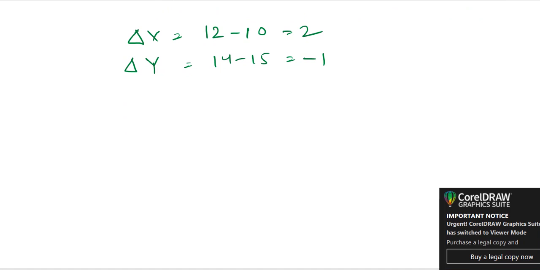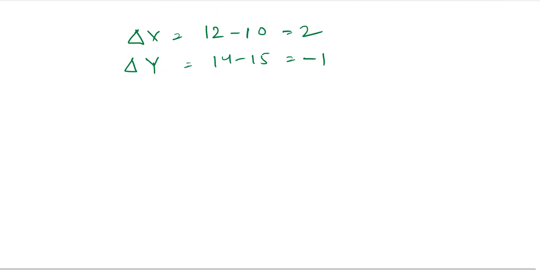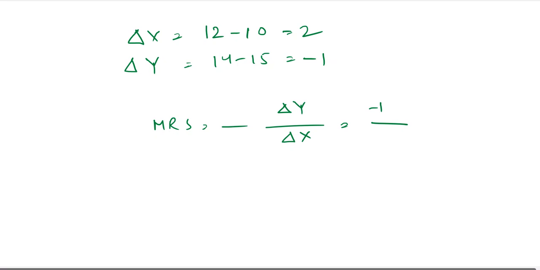So the formula MRS equals minus del Y by del X gives minus of minus 1 by 2, that means 1 by 2. That will be the correct option.